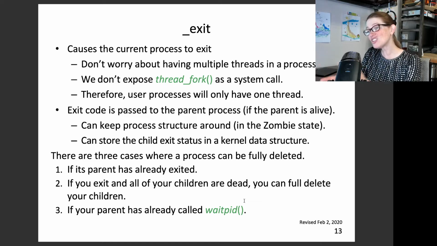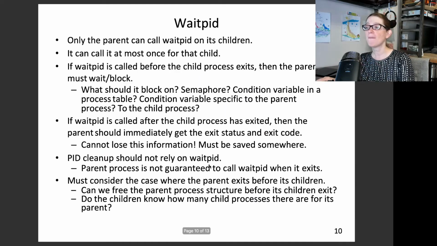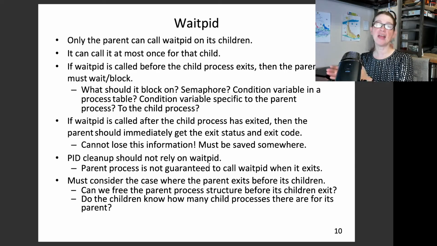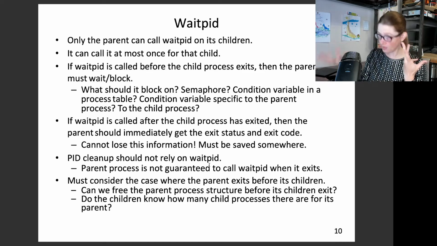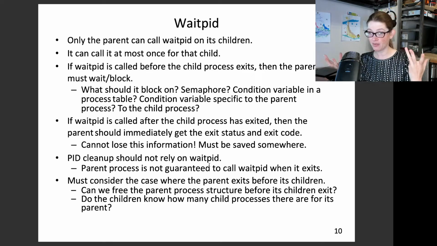Okay, so exit is going to produce for us this exit code and exit status that we're going to use back in wait PID. So if you call wait PID and the process is your child and they have already terminated, that is, they are a zombie, then you're going to grab the code and the status message that was left behind.